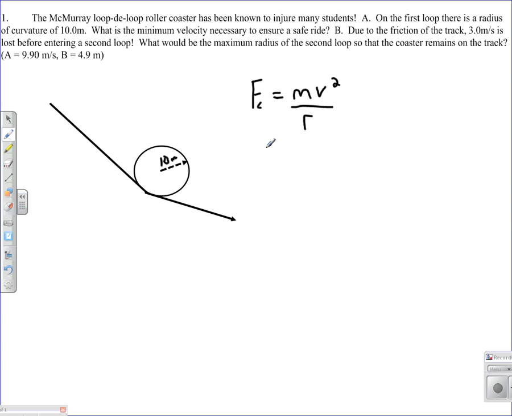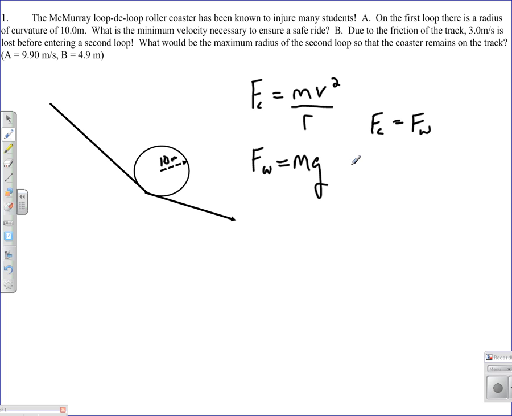And so our weight is Fw, and Fw equals mg. Well, if these two things have to equal each other at the top apex of the loop, let's set them equal to each other here. So Fc equals Fw.